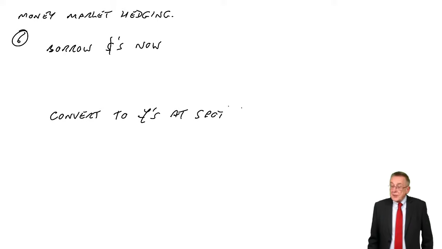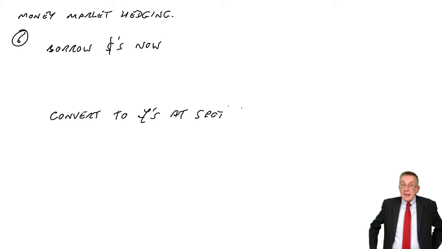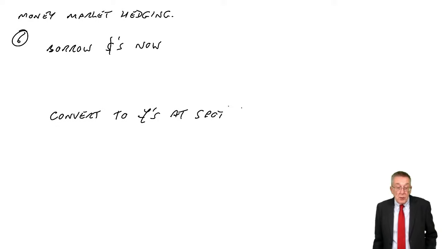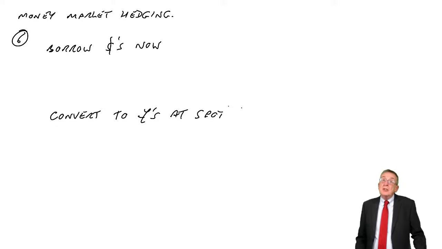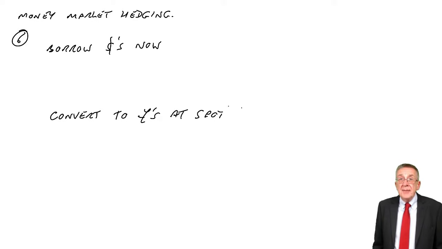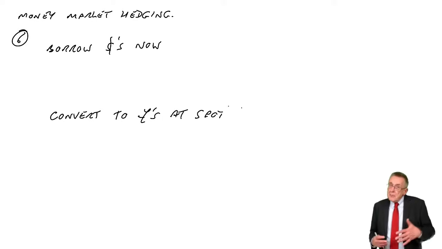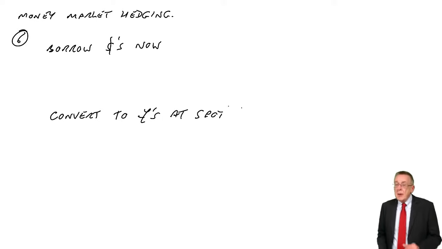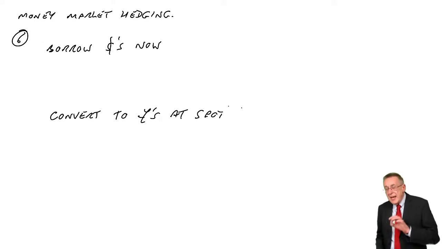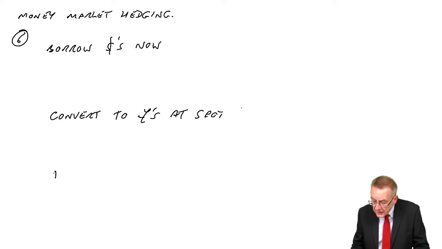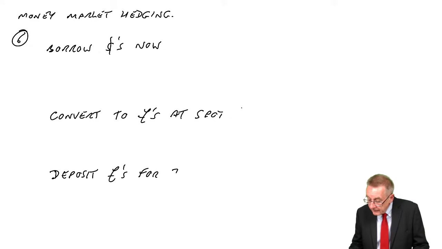Now, the only thing, of course, is I'll then be getting pounds now when I wasn't expecting to get money for 3 months. Well, we could just keep the pounds now, but to make it comparable, we say, well, we won't take the pounds now, we'll deposit the pounds for 3 months.